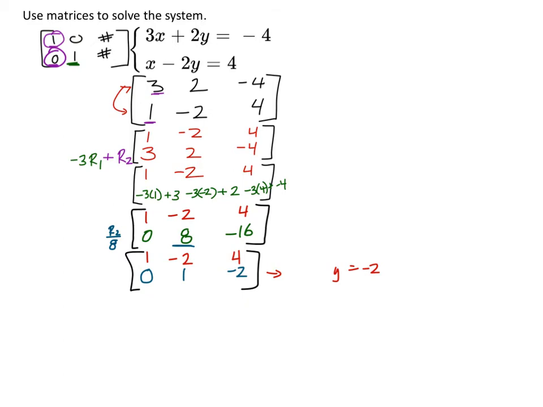All right, next up, now that I have the 1 where I want it in the second row, middle column, I need to make the 0 in the middle column for the first row. And having the 0, 1 there in the second row makes that very easy to do. So it kind of cycles.